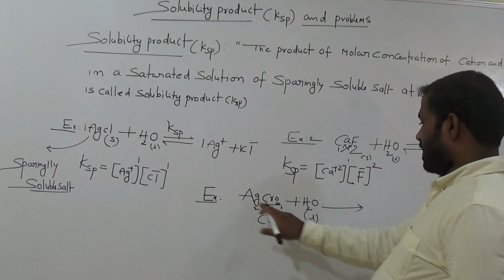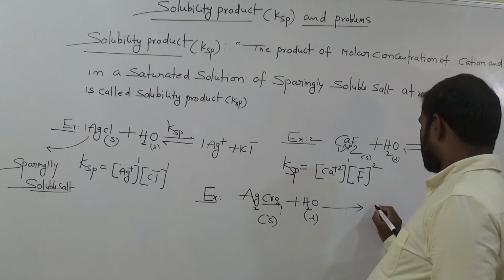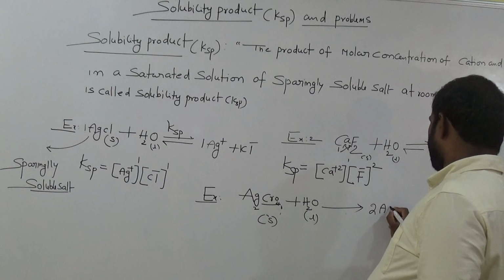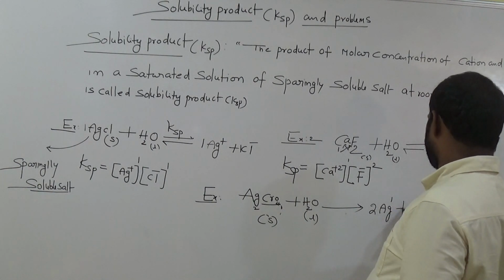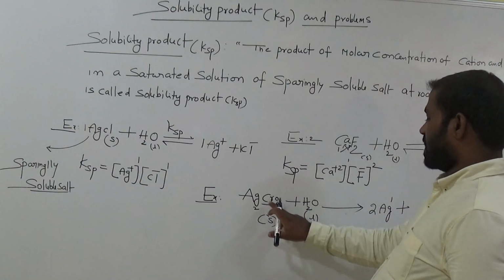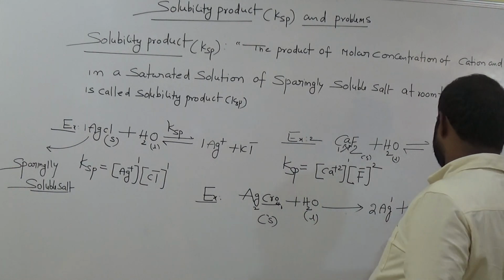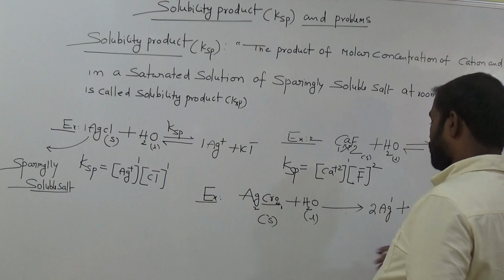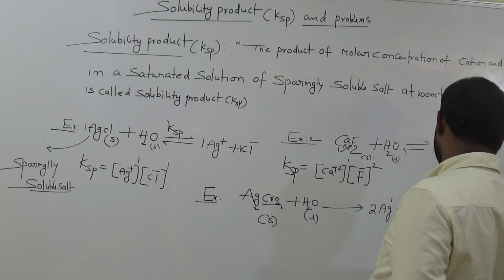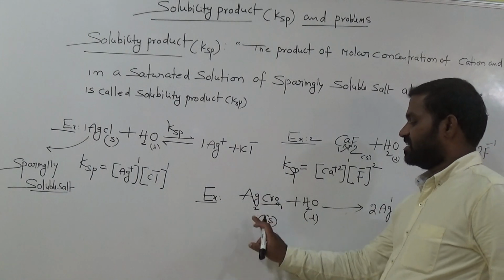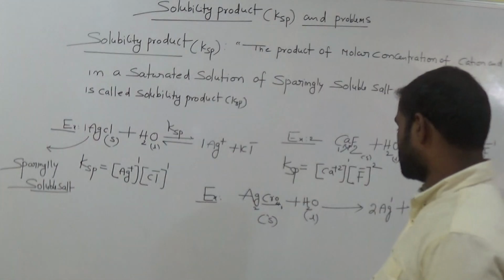Now how many silvers do we have? 2 Ag. What is the oxidation state of Ag here? 1 plus. CrO4, how many CrO4 here? We have 1. Am I right? What is the oxidation state? Here 2, so minus 2. Exchange these as oxidation states.